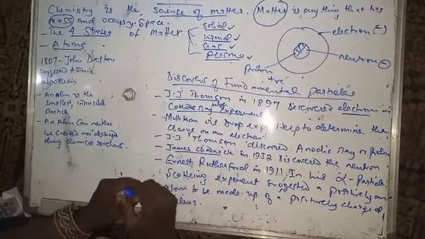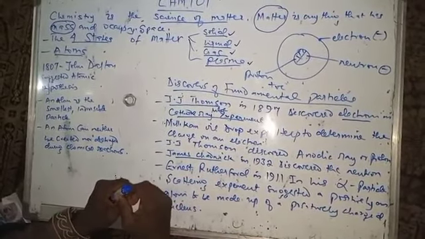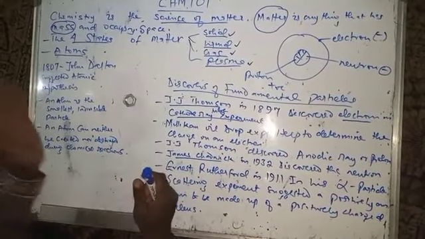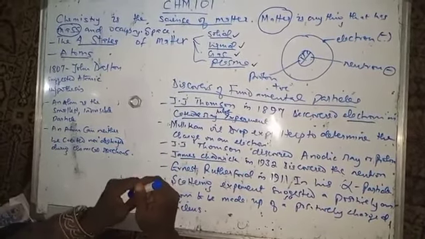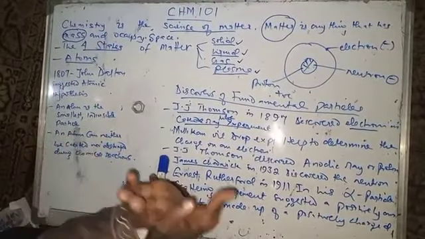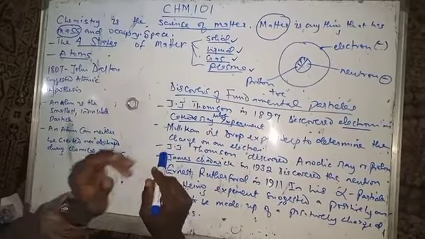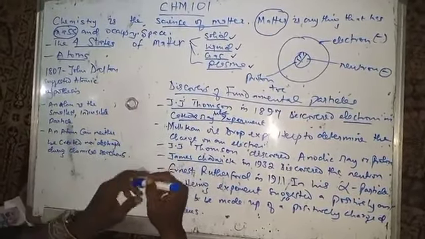In fact, he created a vacuum in his cathode ray tube, and eventually a greenish glow was observed moving from the cathode end to the anode end of the tube. He referred to that glow as cathode ray, and it has all the properties of an electron.